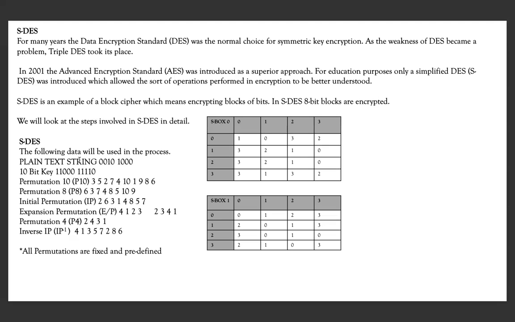So this is my plain text, and when I'm done with encryption, this plain text will be converted into my ciphertext using this technique. This is a 10-bit key that we'll be using. Right now, this is not the original key that I'm using. You can say that it's a randomly generated key.